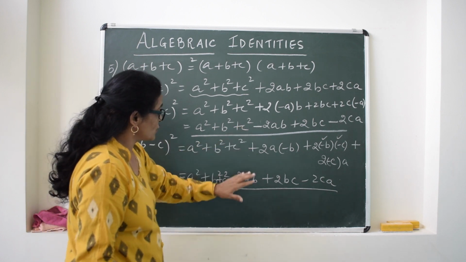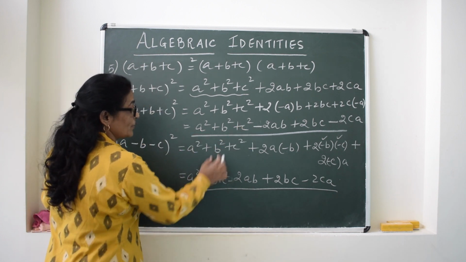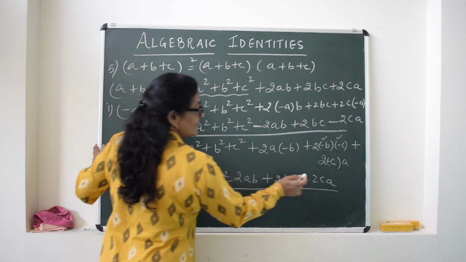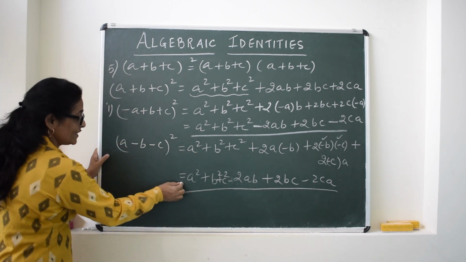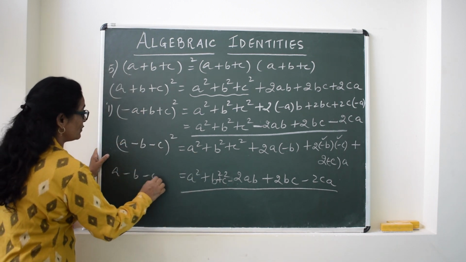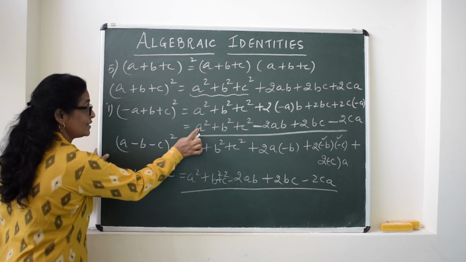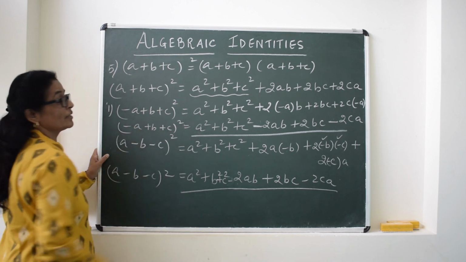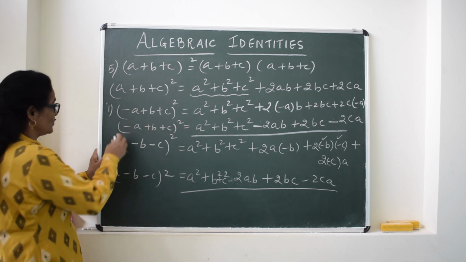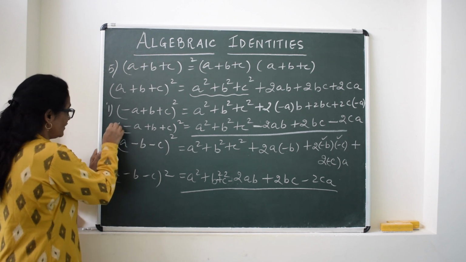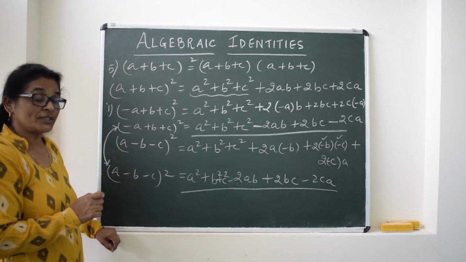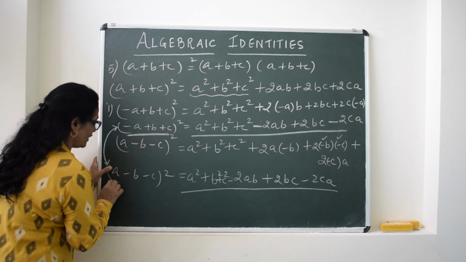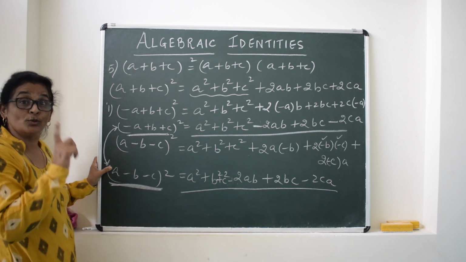Now look at this expansion and this expansion. A square plus b square plus c square minus twice ab plus twice bc minus twice ca. But this is the expansion of a minus b minus c the whole square, and this is the expansion of minus a plus b plus c the whole square. What does it mean? It means that these two are equal. So the conclusion is minus a plus b plus c the whole square and a minus b minus c the whole square are same.